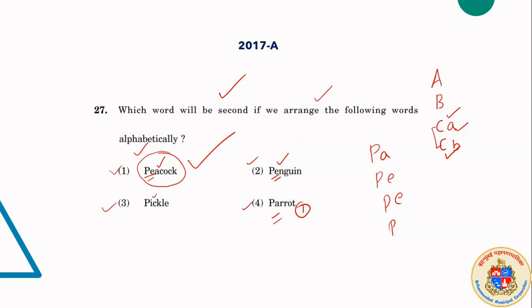The first word. The question is about the second word. So this is the first word. Second word is, first word is parrot. Second word is peacock. Questions will always be confusing. They have asked for the second if arranged in alphabetical order.